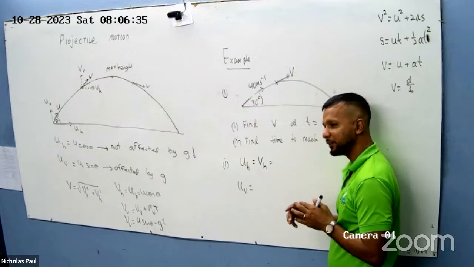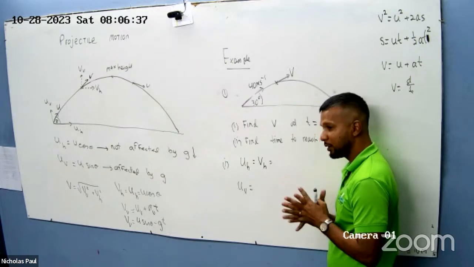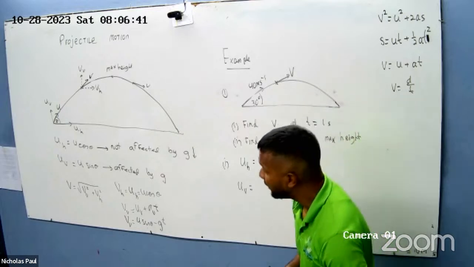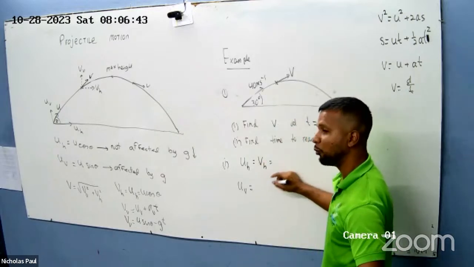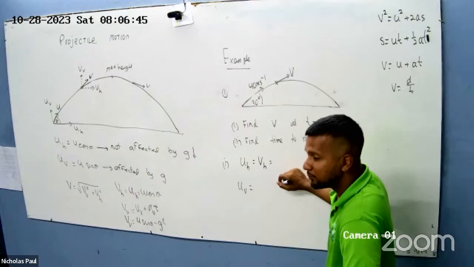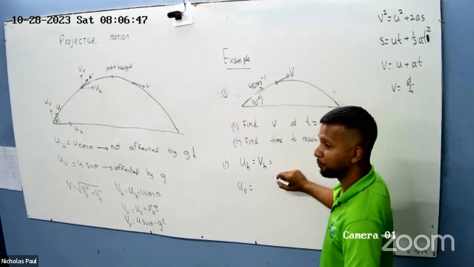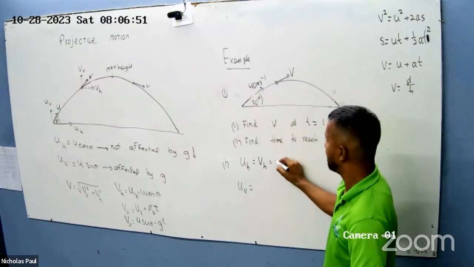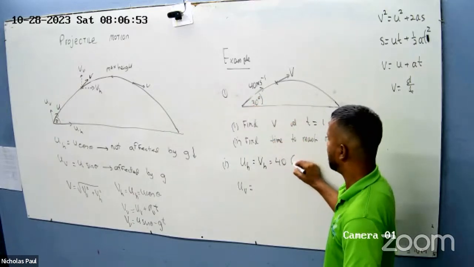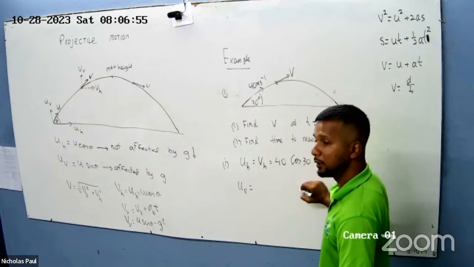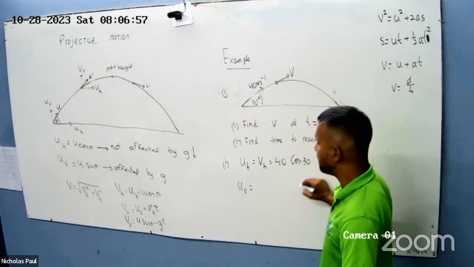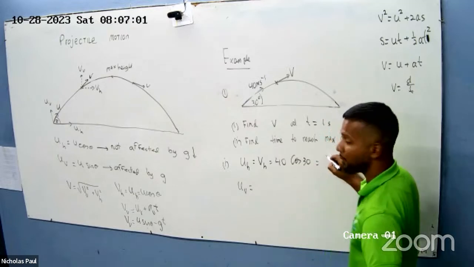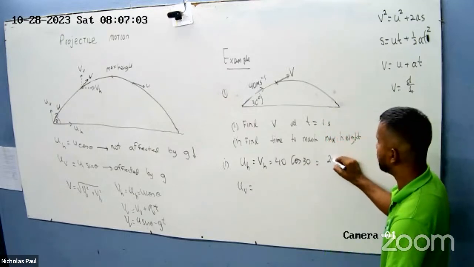It's on the board. u cosine theta. What is u? 40, right? So that's 40 cosine 30. That's the initial velocity, and that's the angle. That's how much? 20 root 3.